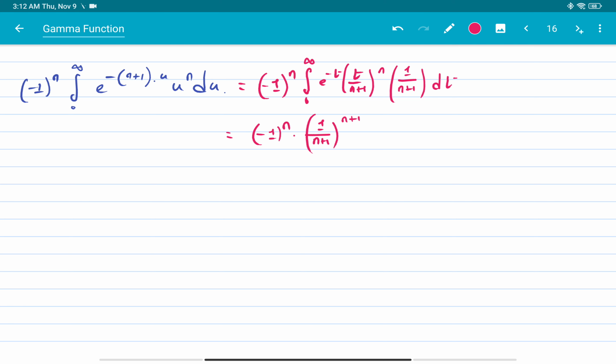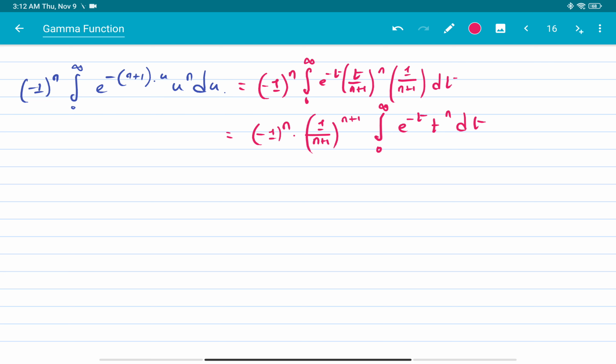This is integral 0 to infinity e to the power minus t and t to the power n dt.